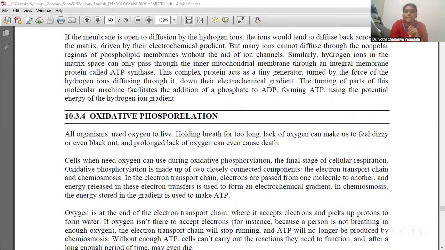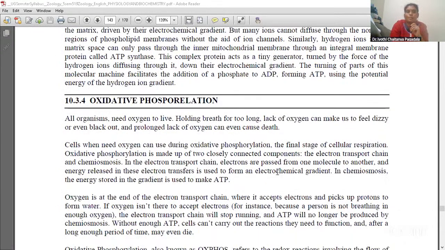And what is oxidative phosphorylation? In your book, the spelling of oxidative phosphorylation is wrong, so please correct it. All living organisms definitely need oxygen for their life. Without oxygen, most living organisms cannot respire.